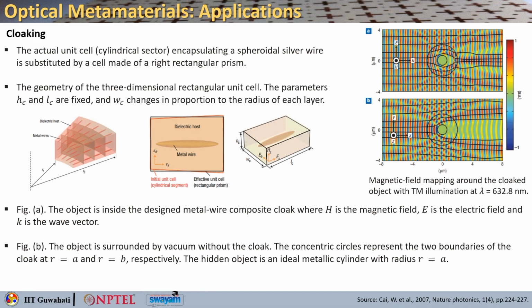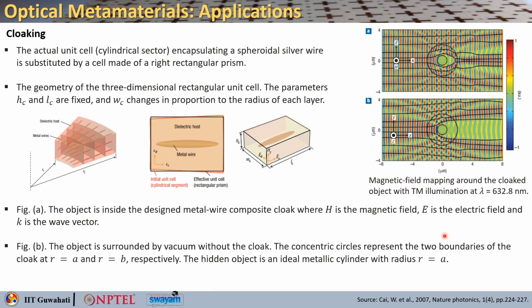What it shows is that when you have the cloak, the wavefront flows around the cloaked object, but without the cloak the waves basically get severely distorted in these regions, and that is why it casts a shadow behind the cylinder, right. So, when you put the cloak, it shows the capability of reducing the scattering from the object hidden inside the cloaked region.